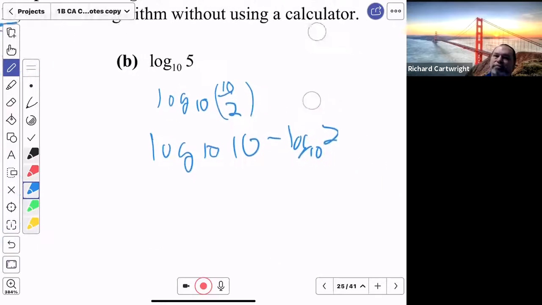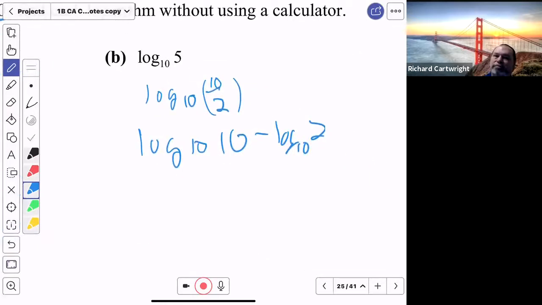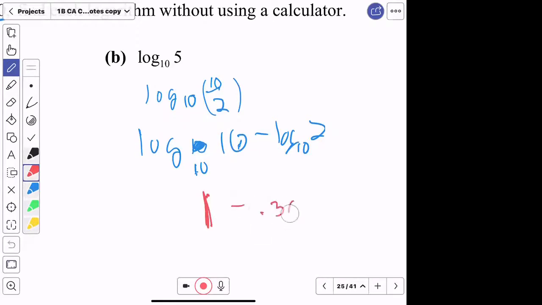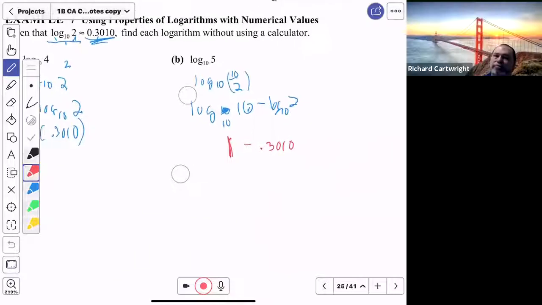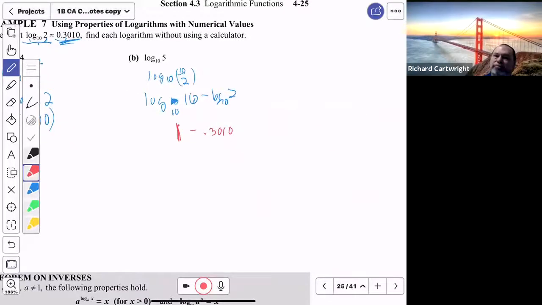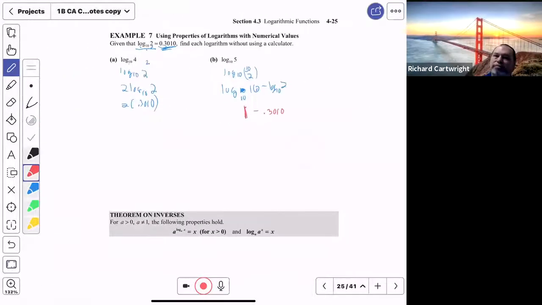See that? I'm pretty proud of myself. So log base 10 of 10, everybody, come on, is 10 to what power is 10? 1 minus 0.3010. Yeah, 0.3010. So that becomes easy with the calculator. Oh, I'm so proud of myself.